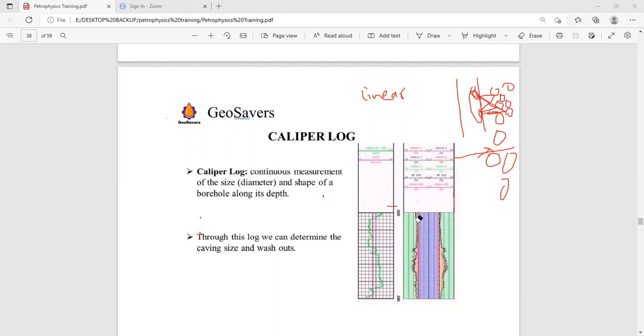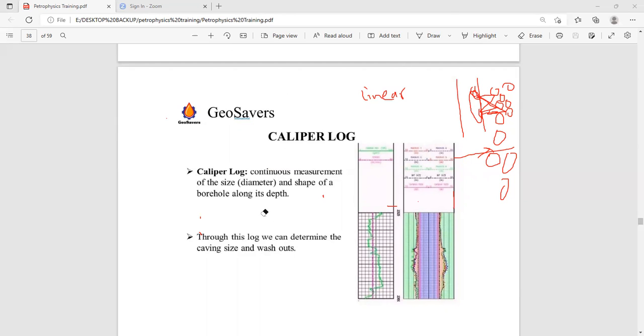We expect that the diameter is not going to be continuous. In fact, it's practically impossible for the diameter to be the same from top to bottom, because we may have curved in some areas, and part of the formation may have collapsed, and so on. So we don't expect the diameter to be the same.